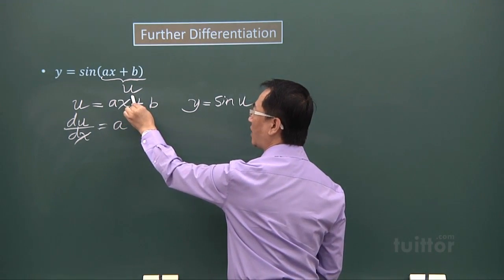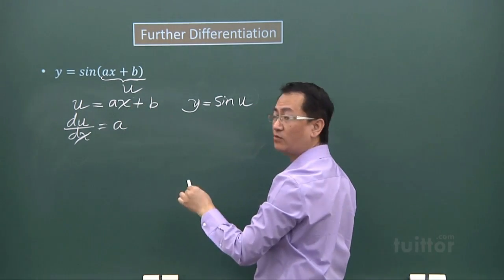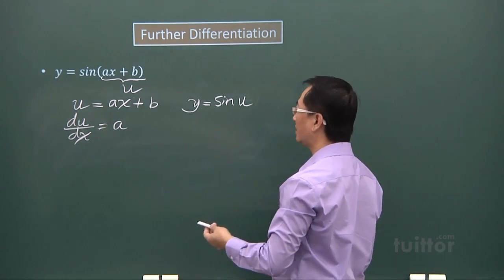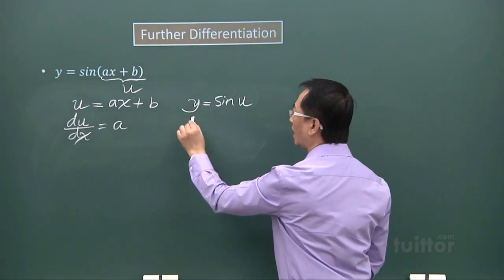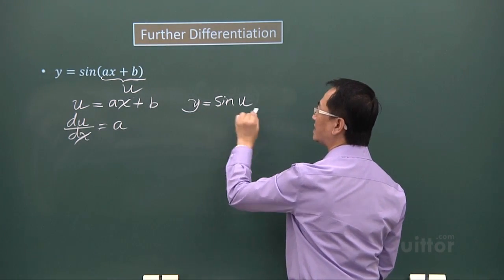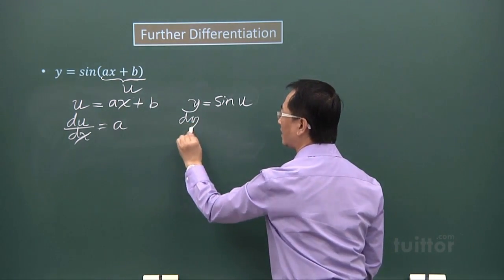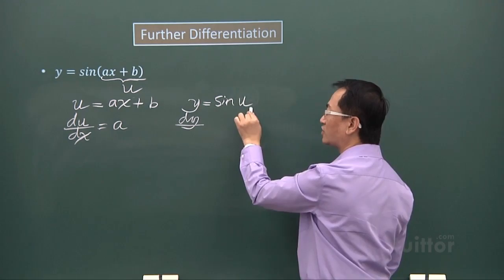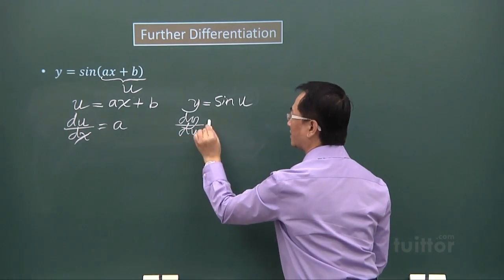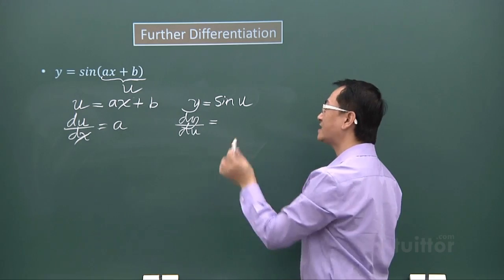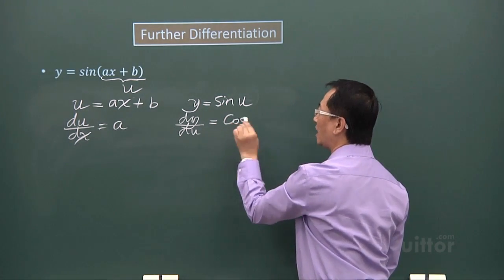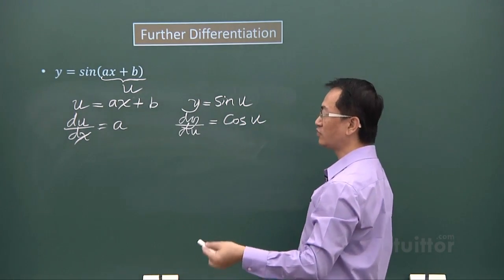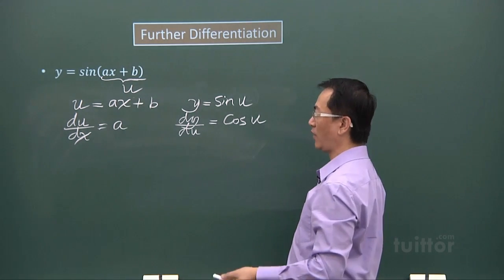The index reduced by 1, you have x to the power 0, which amounts to 1. Differentiate the constant, you get 0. Here, the subject of this equation is y. So dy over du, now sine is a function of u. Differentiate sine. The result we remember is cos u. So let me introduce to you now the chain rule equation.